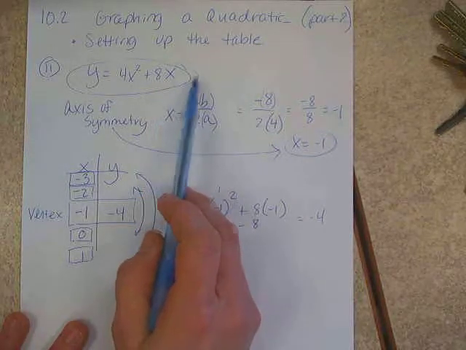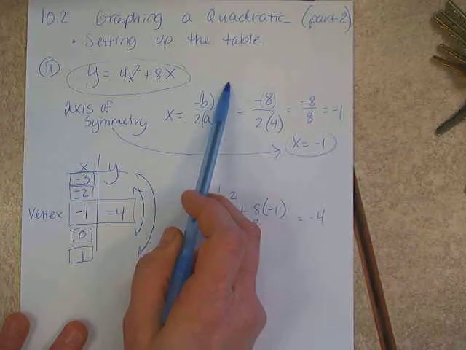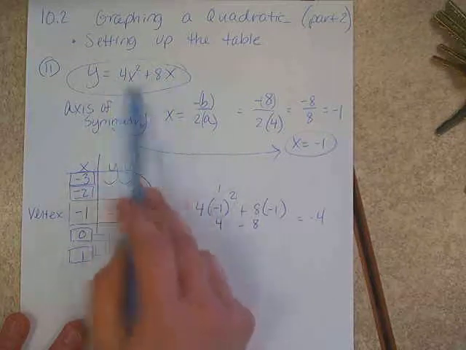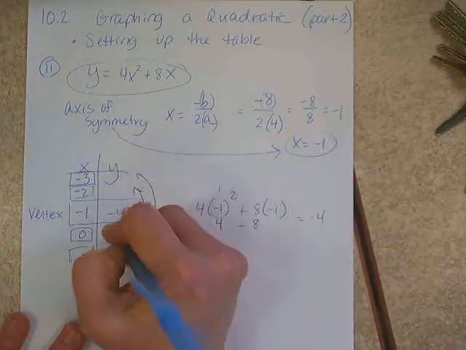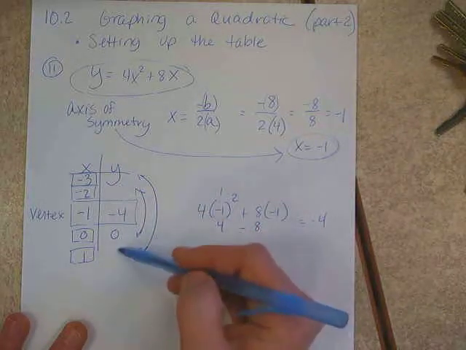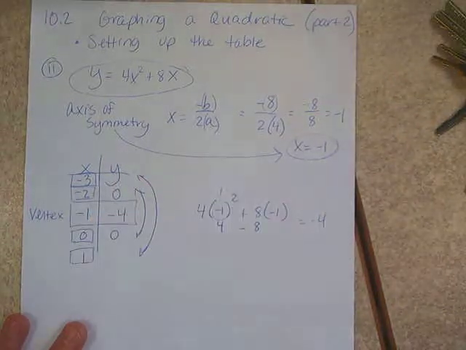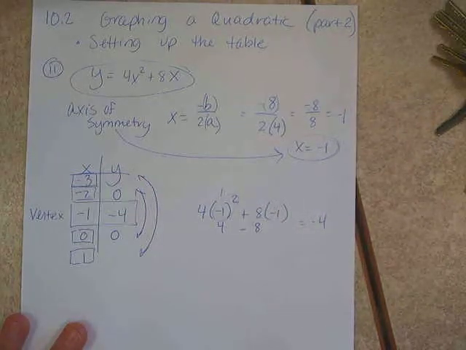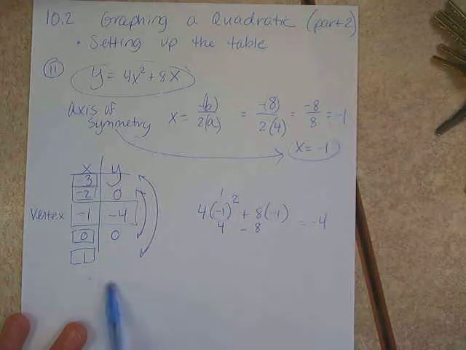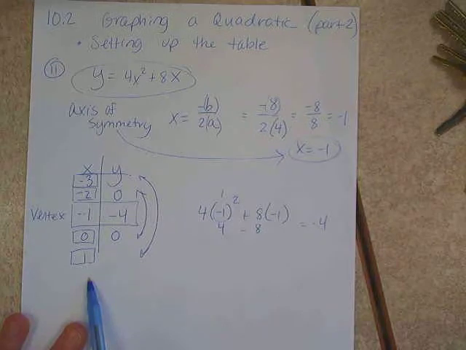And over here, I'm still going to get 0 because 8 times 0 is 0. The only time you'll plug 0 in and not get 0 out is if there's a plus c, and then you'll get out c, whatever it is. But in this case, if I plug 0 in, that's what I'm going to get out. These should be the same, so that should also be 0.